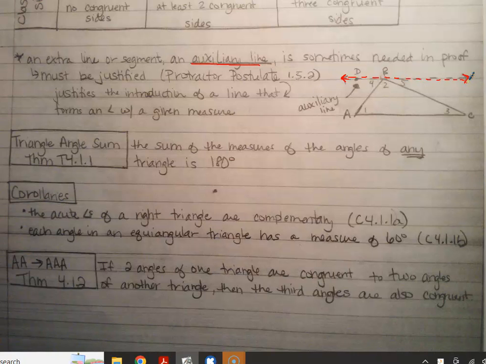But if we use it, it must be justified. We're not going to use them today, but it is justified by the protractor postulate, which justifies the introduction of a line that forms an angle with a given measure. So there are going to be some other lines out there that are helpful, but we're not forming one today.